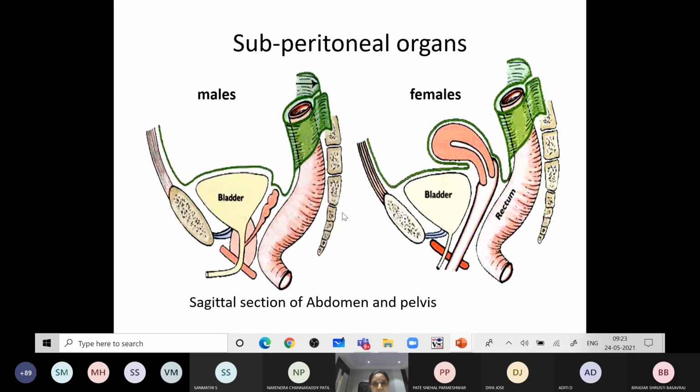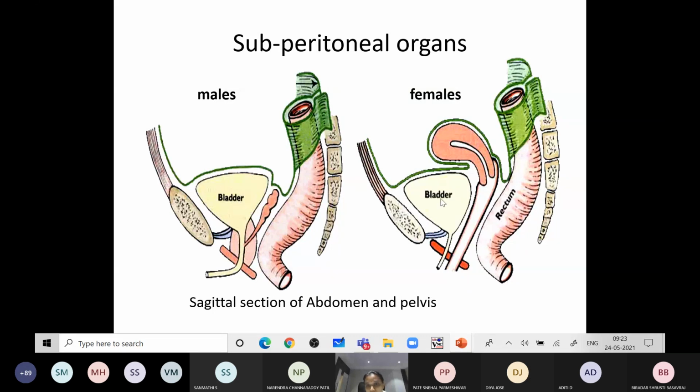One more is subperitoneal. This is the sagittal section of the abdomen and the pelvis. You can see the pelvic organs: bladder, seminal vesicles and the rectum. In males, the peritoneum is covering the upper surface, so these organs are below the peritoneum. So subperitoneal, sub is below.